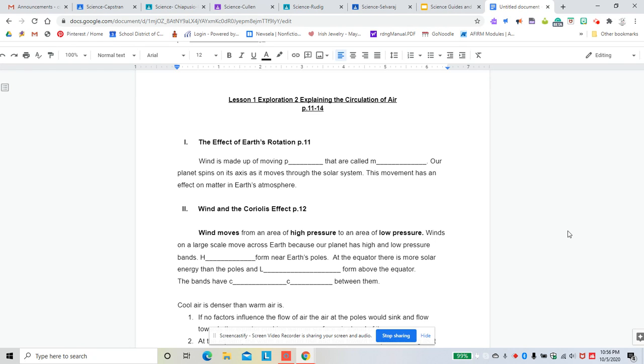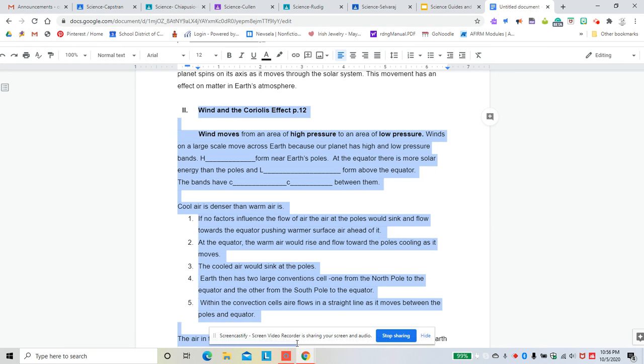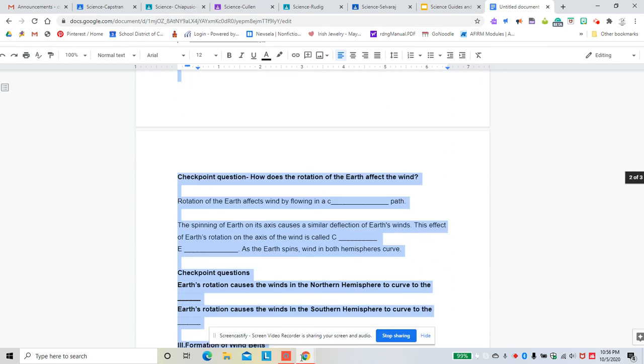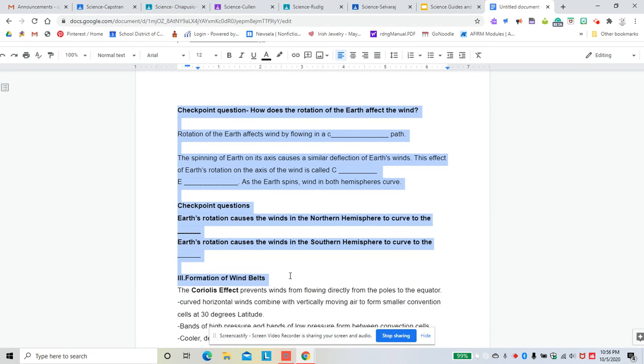Okay, so if you look at your page, you are going to fill in this area here under number 2, and then continue down. Okay.